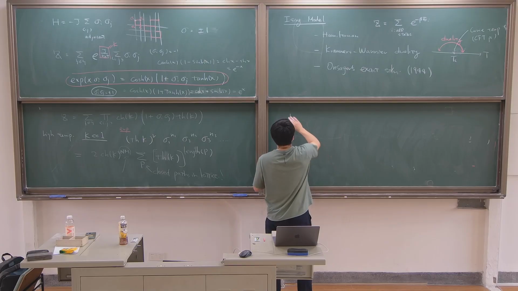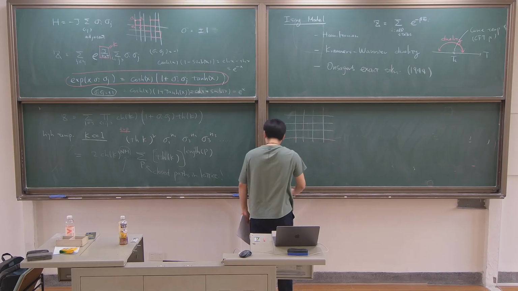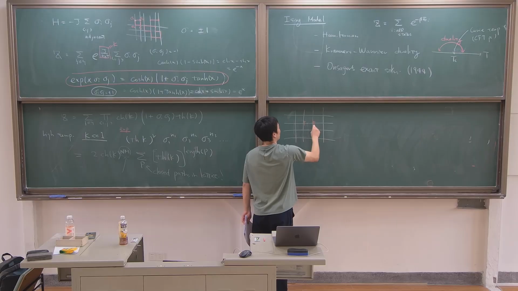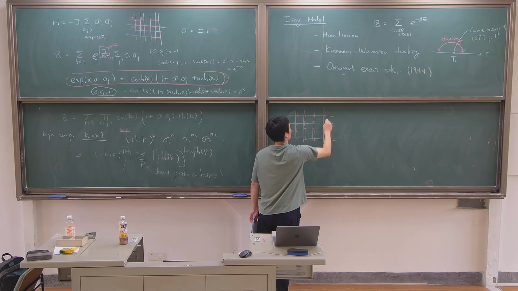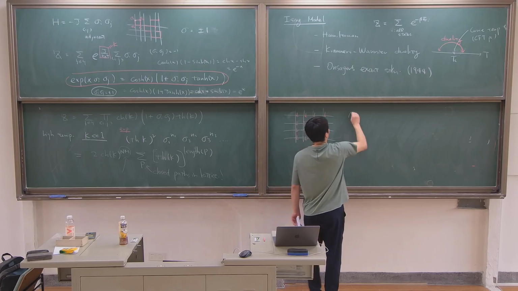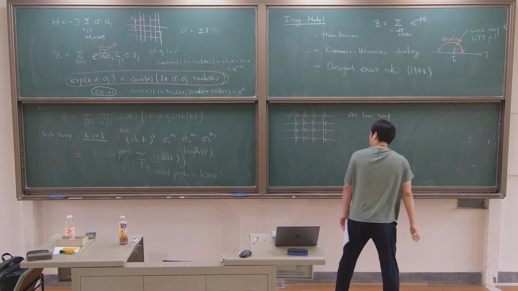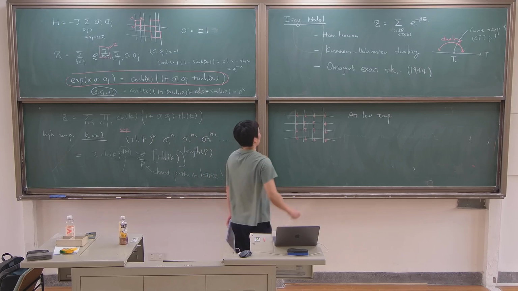The configuration is that they always want to align like this way, and the other part is something like this way, and they want to align like this way. In low temperature, you can have a dual lattice like this way.